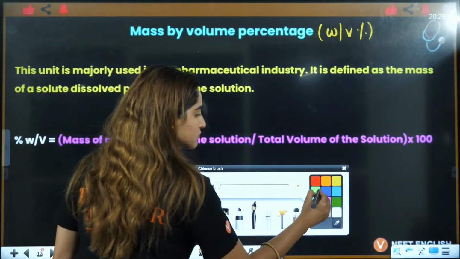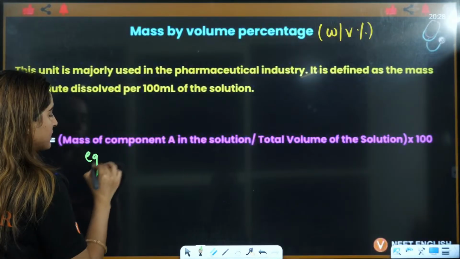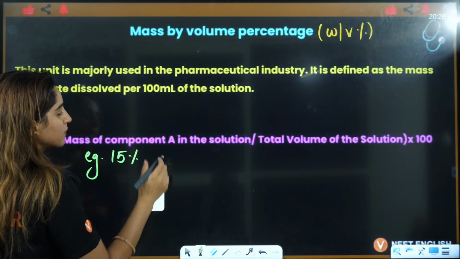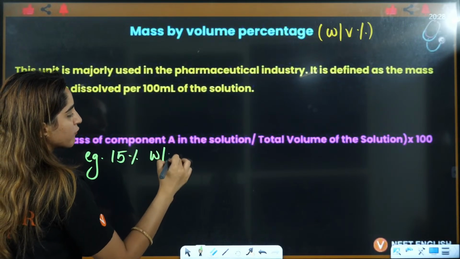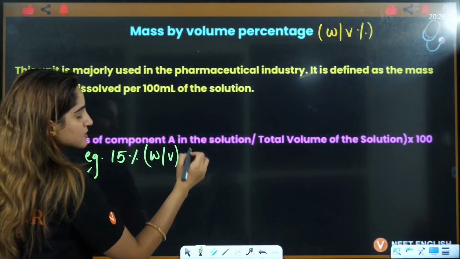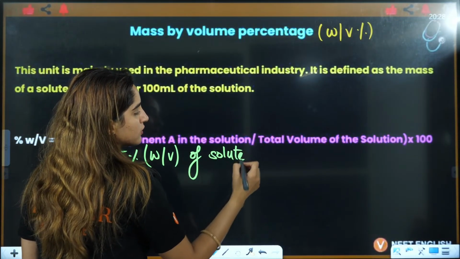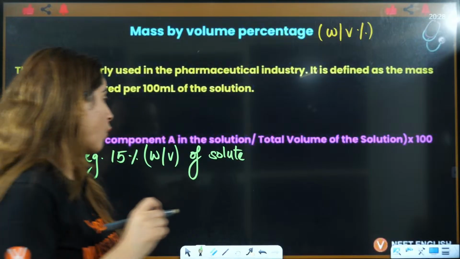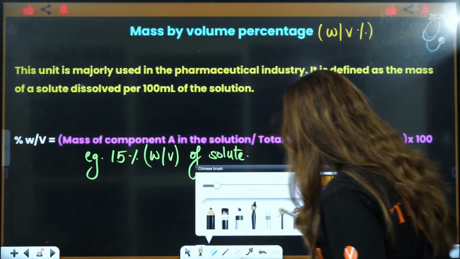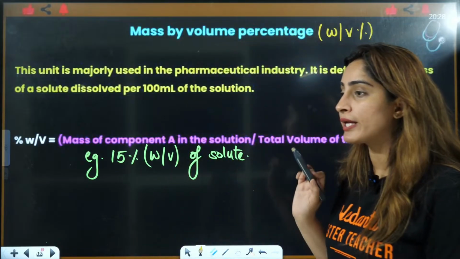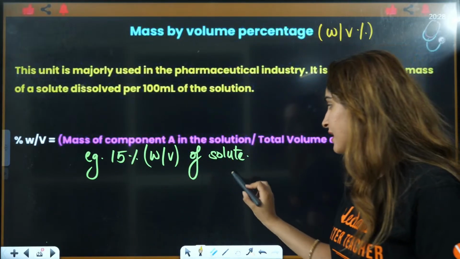Now, what if they give you an example of 15% weight by volume percentage of solute? Now you tell me what all we can decode from here. I want to see that in the comment section.